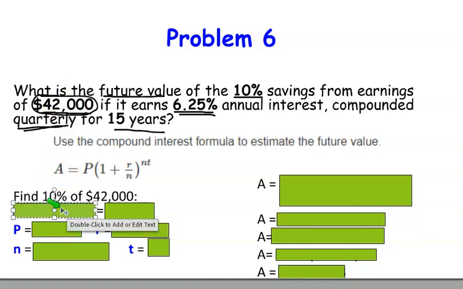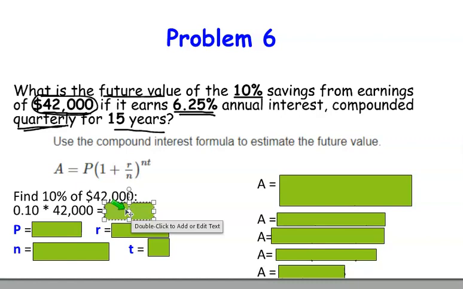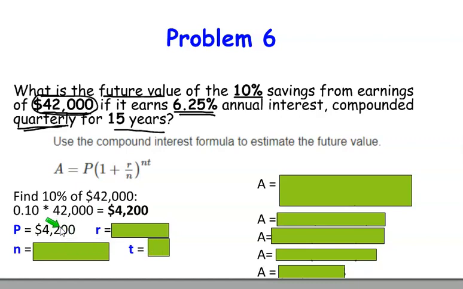They didn't give that to us, so it's just an extra step. So find 10% of $42,000. This is what you should multiply, and check your calculator screen. Pause the video. Do you get $4,200? $4,200.